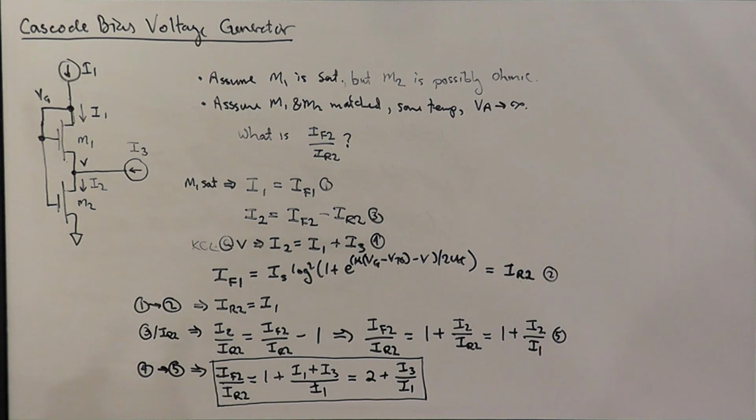And if we make I1 much smaller than I3, then we can set this ratio of IF2 to IR2 to be anything we like. If we make I3, let's say, 100 times bigger than I1, then this ratio would be 102, and V would be very close to a saturation voltage above ground.